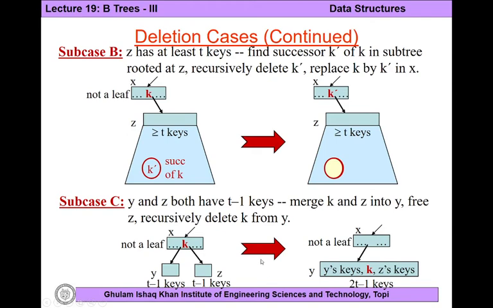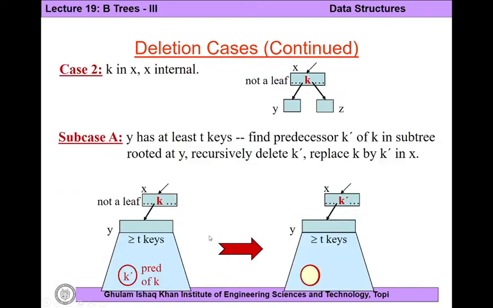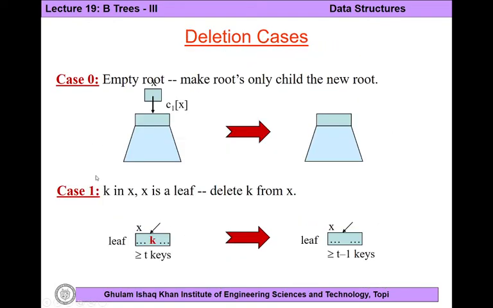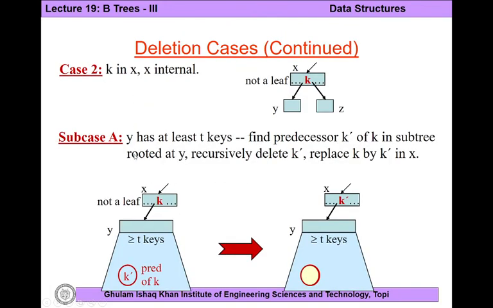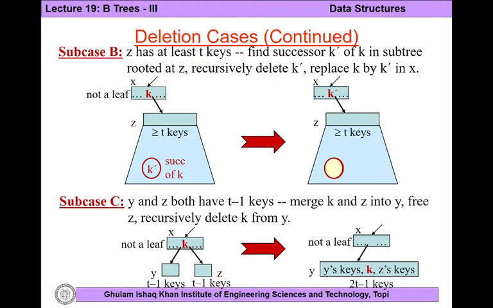It again becomes 2t minus 1. So I have told you about case 0, case 1, deleting a node in the leaf, and case 2a, case 2b, and case 2c.